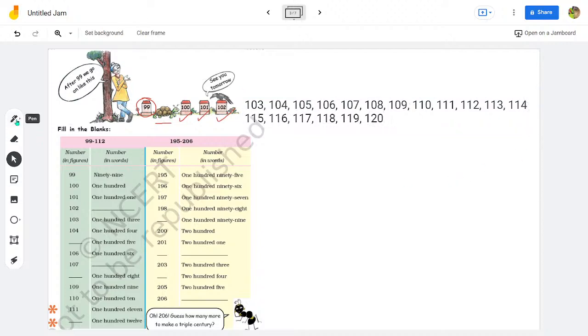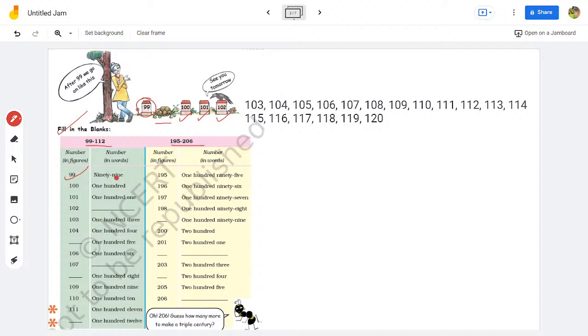Okay, so here we have to fill in the blanks. We have 99 to 112, 195 to 206. Let's try reading the numbers written over here one by one, and let's try understanding them in words as well. The first number is 99.